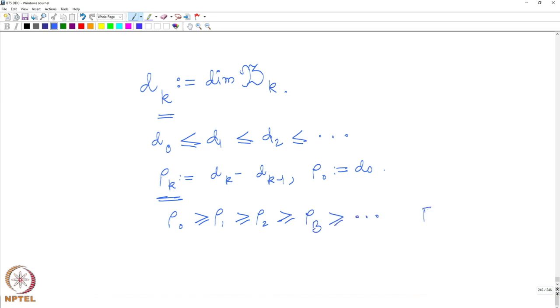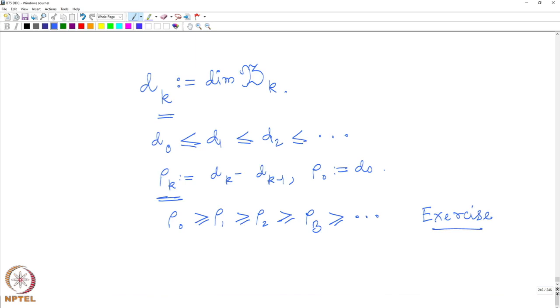This goes to you as an exercise. Just verify that this is true, and you can take help from what we have done in our past lectures, and you will notice that it is essentially the same argument with which we proved that these numbers will keep on decreasing for a Hankel matrix.